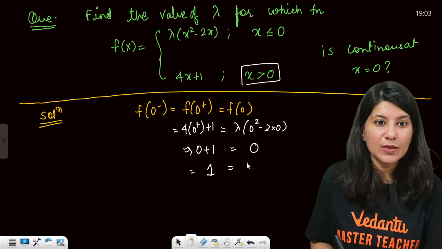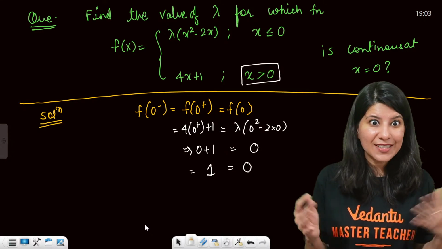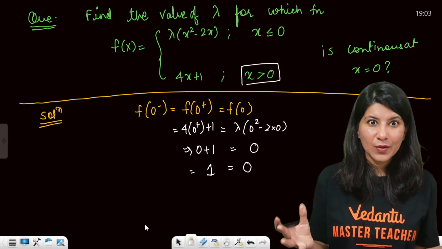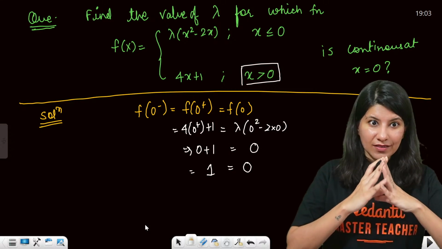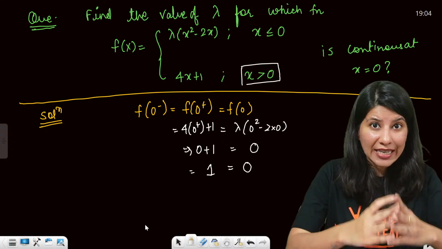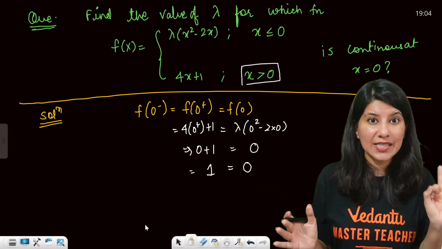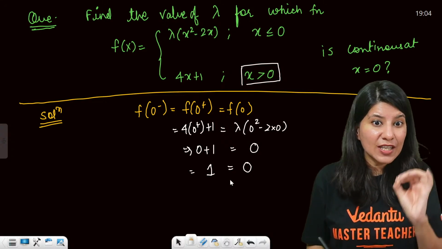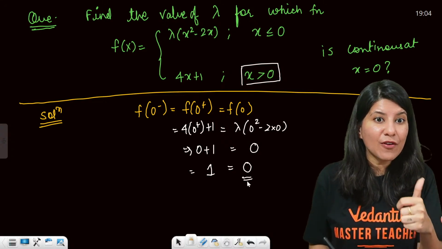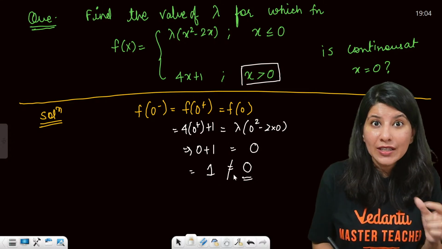So 1 equals 0? Oh my god, what has just happened? The continuity of the function at x equals 0 is not depending upon lambda. F of 0 is coming out as 0 and f of 0 plus is coming out as 1. They are not equal.